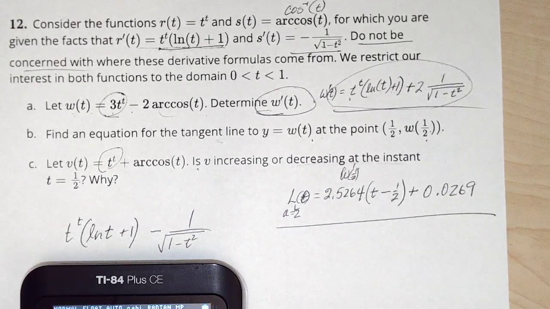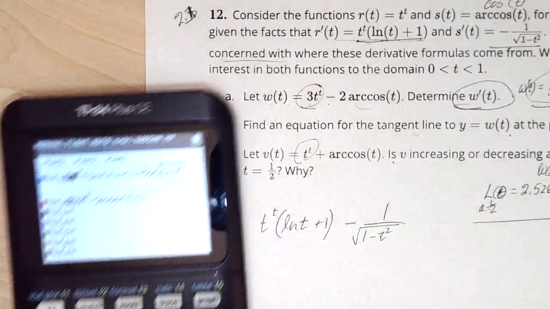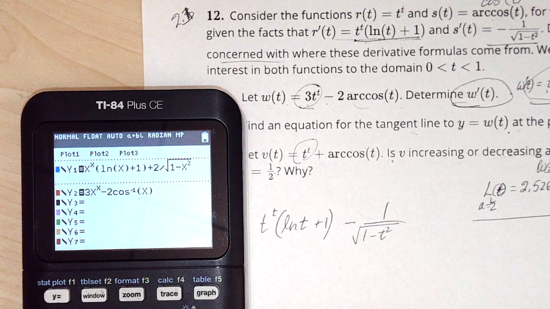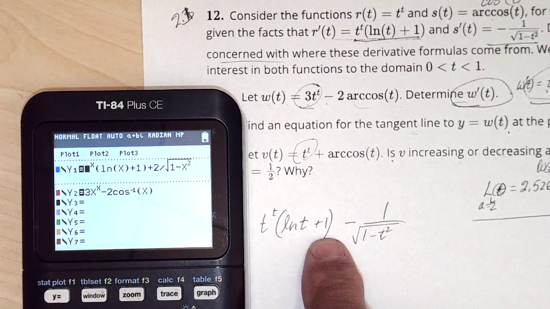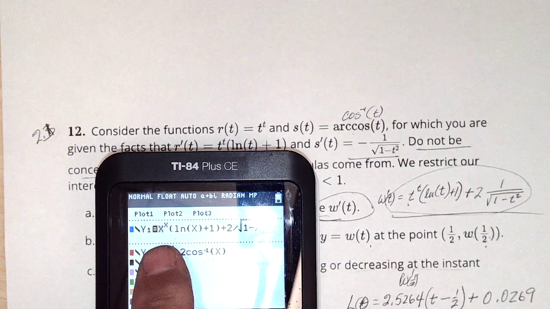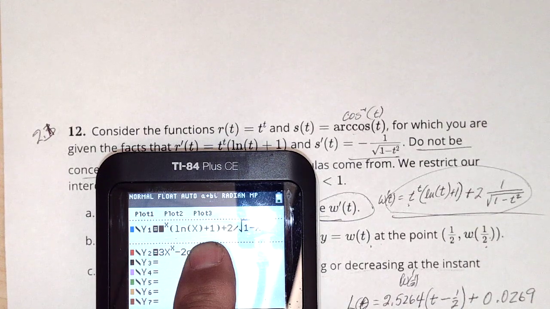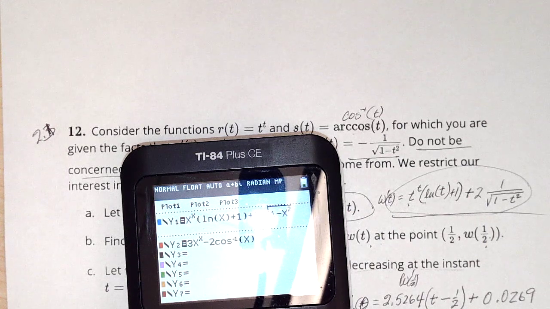So if I go back to my original function here, let's move this over here so you can see this. So we have x to the x, ln x plus 1. Oh, I messed up on this last one. This should have been 3 times that plus 2 times. I missed a 3.